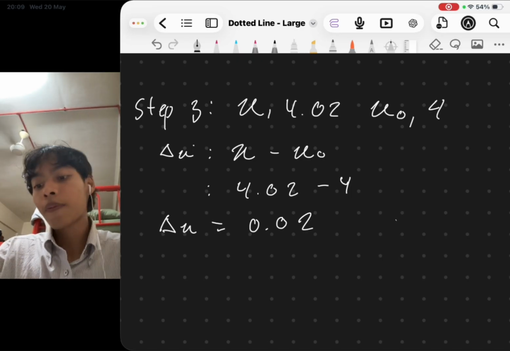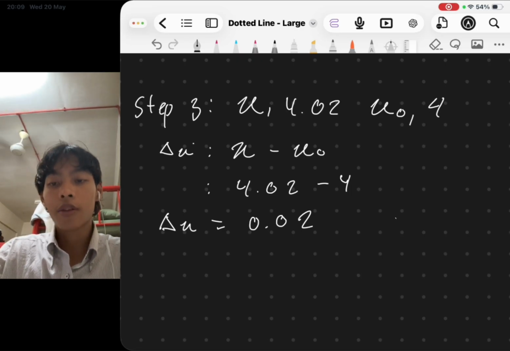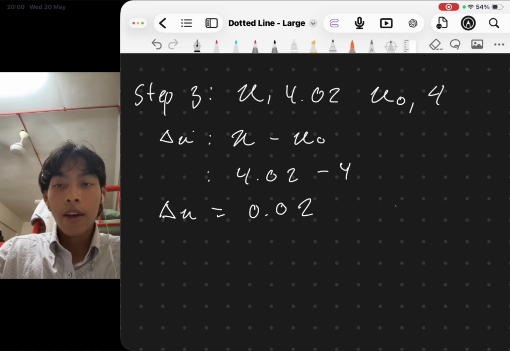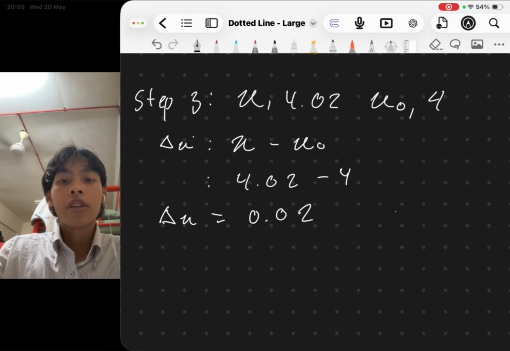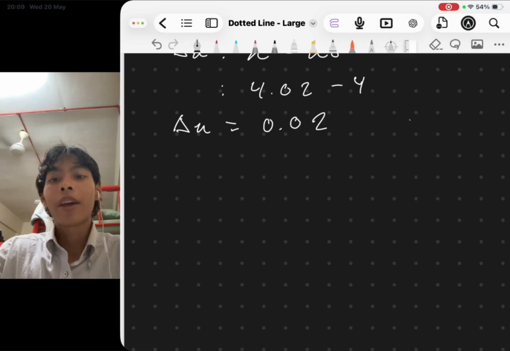Now step 4 is to compute the value of f(x0) and f prime x0. We just put the formula back in.